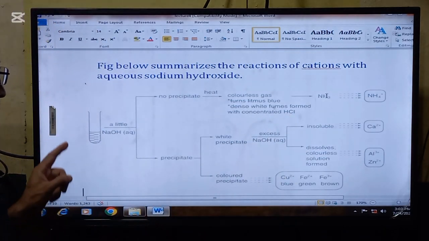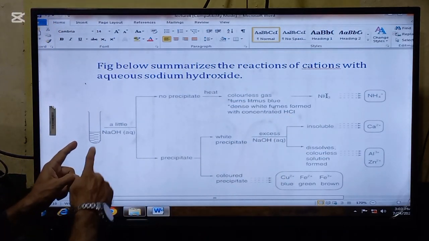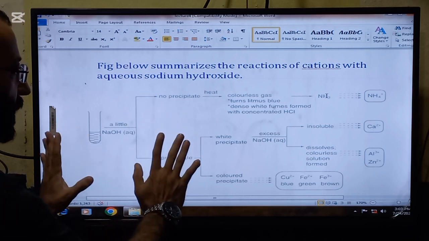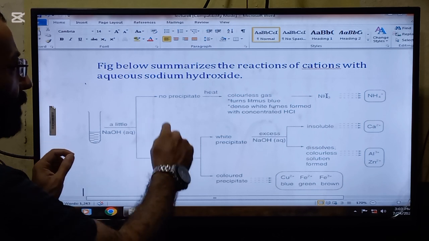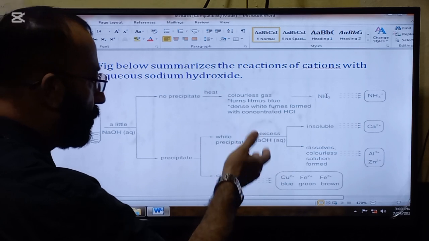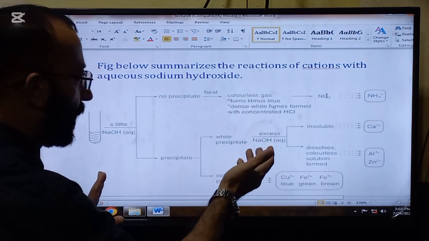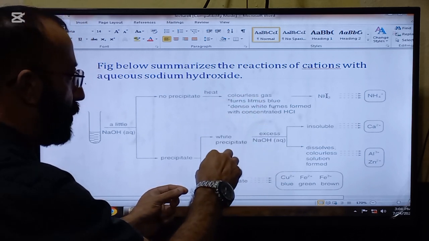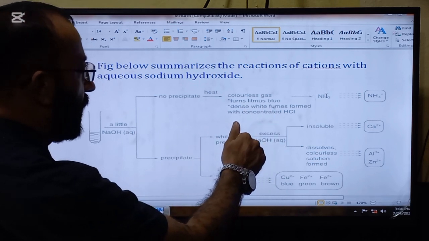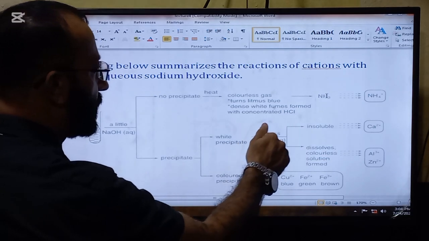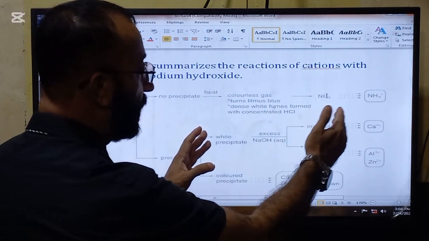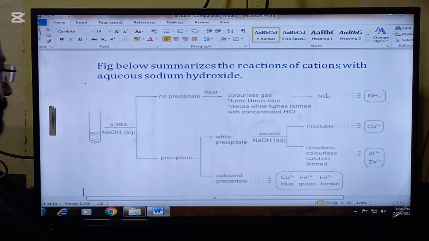Look again: if the metal ion reacts with the aqueous NaOH and no precipitate is formed, this is the first sign. Then on heating, if a colorless gas is formed, and it turns red litmus blue, and dense white fumes are formed with concentrated HCl, then it is NH3, that is, the ammonium ion is present.